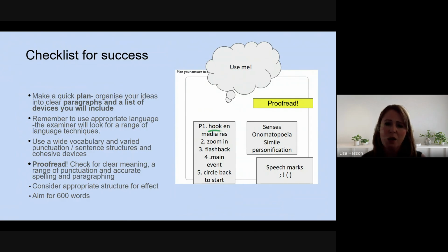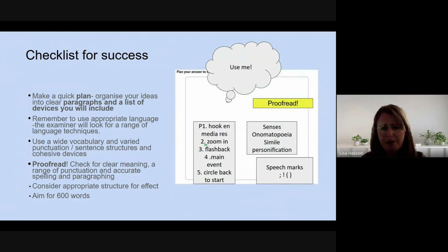For example, you might want to start off with a hook where you use in media res in the beginning. So start in the middle of the action, maybe with some dialogue or some kind of mystery, but something that really grabs your attention. Examiners are reading an awful lot of text, so they want to make sure that you grab their attention, that you stand out from the rest when they pick up that text that's written by you.